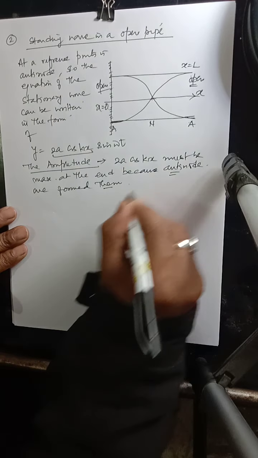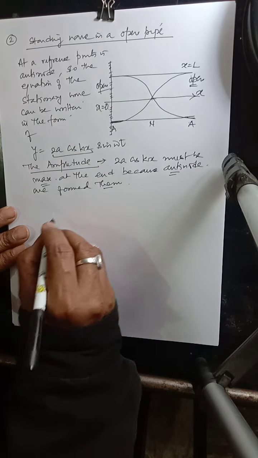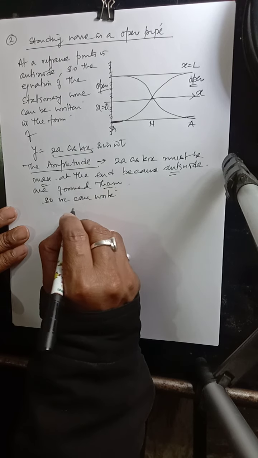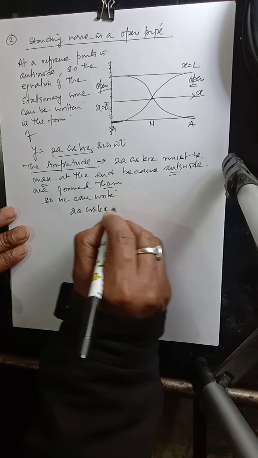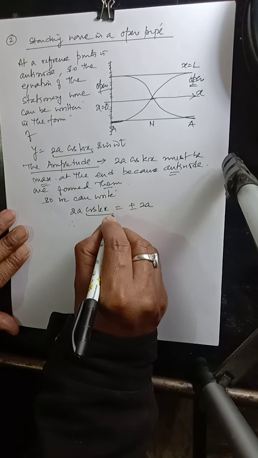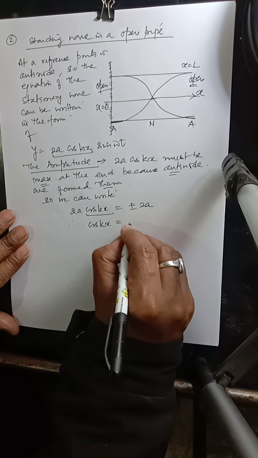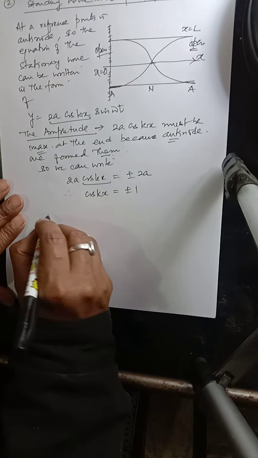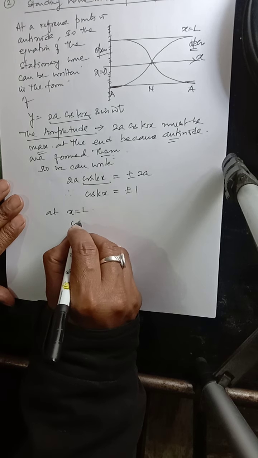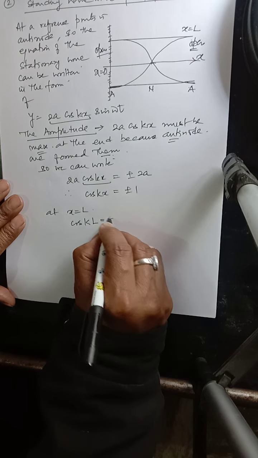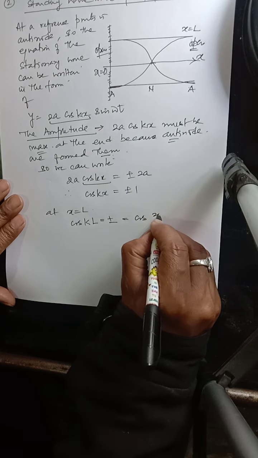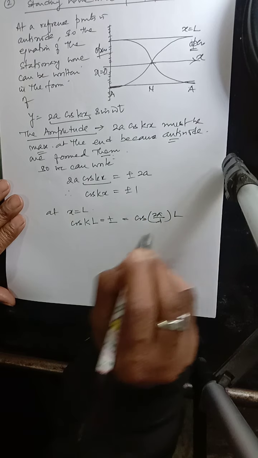So if the antinodes are formed there, the value should be the maximum, that is 2a. It means the function cos of kx will be maximum at the ends, so x is equal to L, it means cos of kL is equal to plus minus 1, and this is cos of 2 pi by lambda of L.